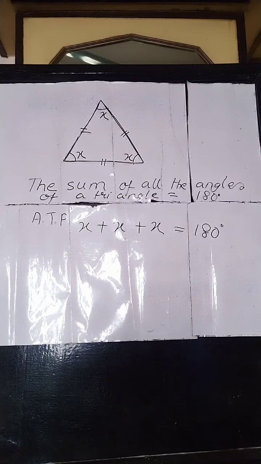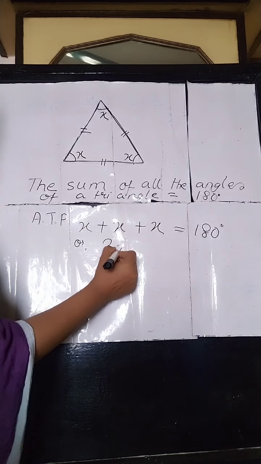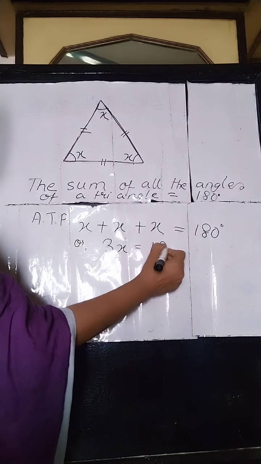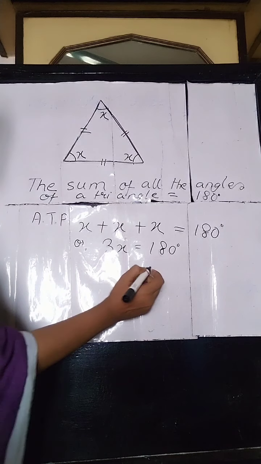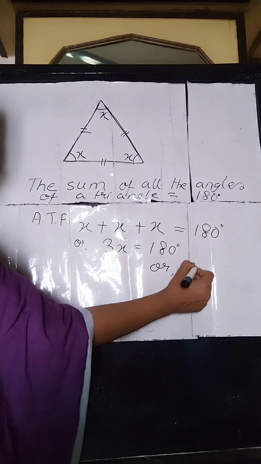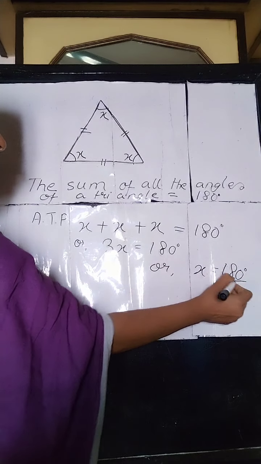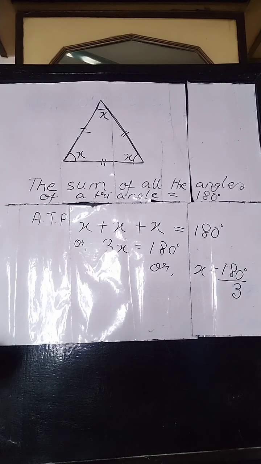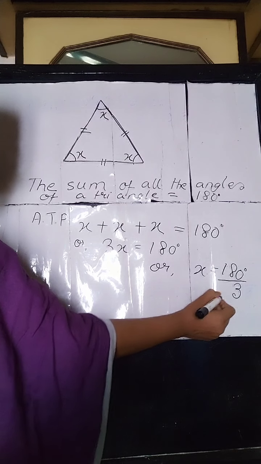So 3x equals 180 degree, or x equals 180 degree by 3, whose value is 60 degree.